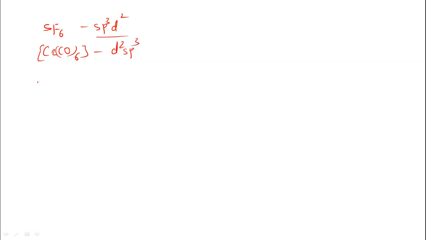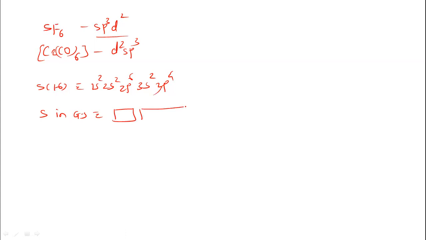Sulfur has atomic number 16, with electronic configuration 1s2 2s2 2p6 3s2 3p4. We have to write the ground state electronic configuration of sulfur. The 3s orbital has 2 paired electrons and the 3p orbital has 4 electrons.